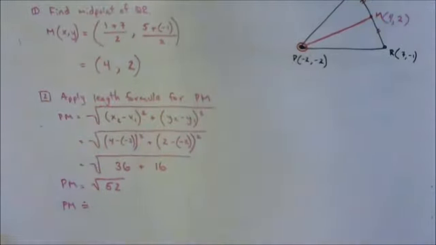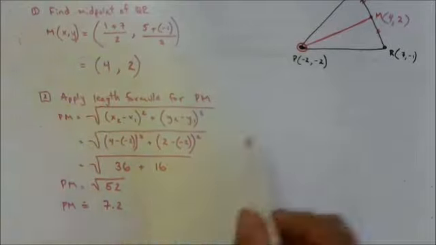If you're applying this to a word problem, then you would usually estimate, in which case you would type this into your calculator. You get second function square root 52, you get 7.2. Good.